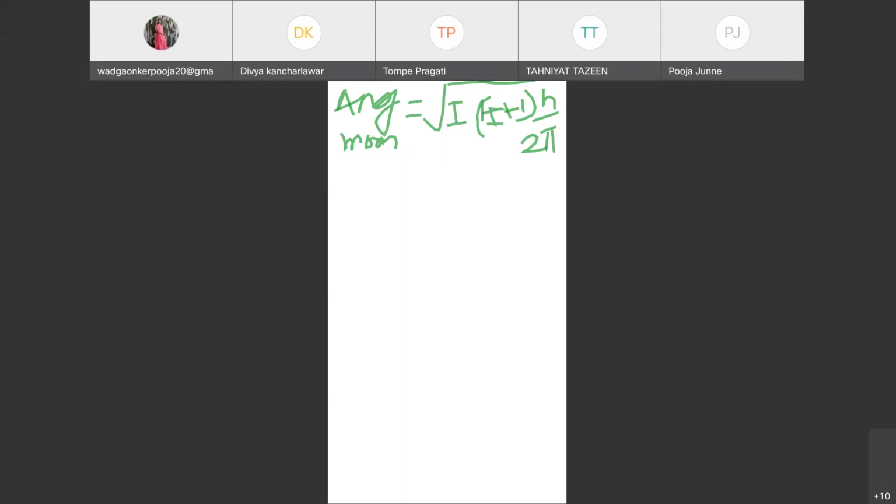Whenever you have this angular momentum value, it is specifically giving information regarding the magnetic moment value of the protons and the neutrons. The nucleus can have the I value.